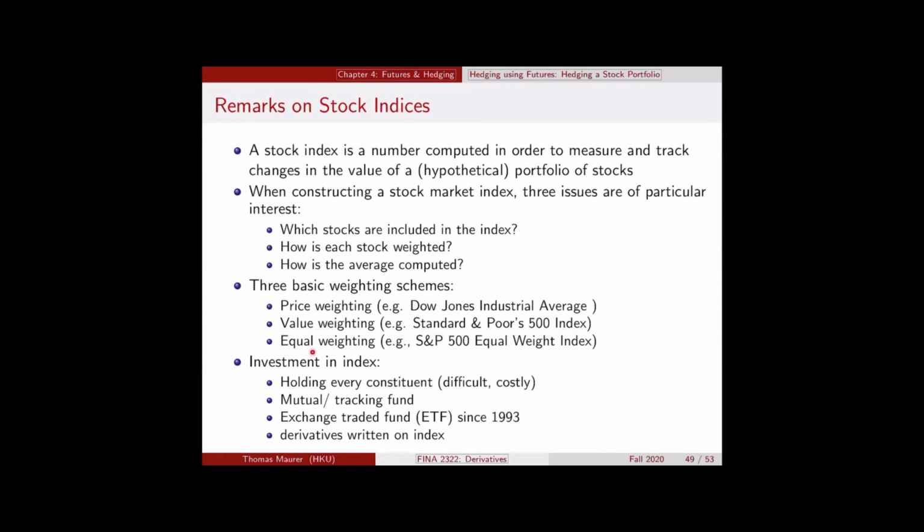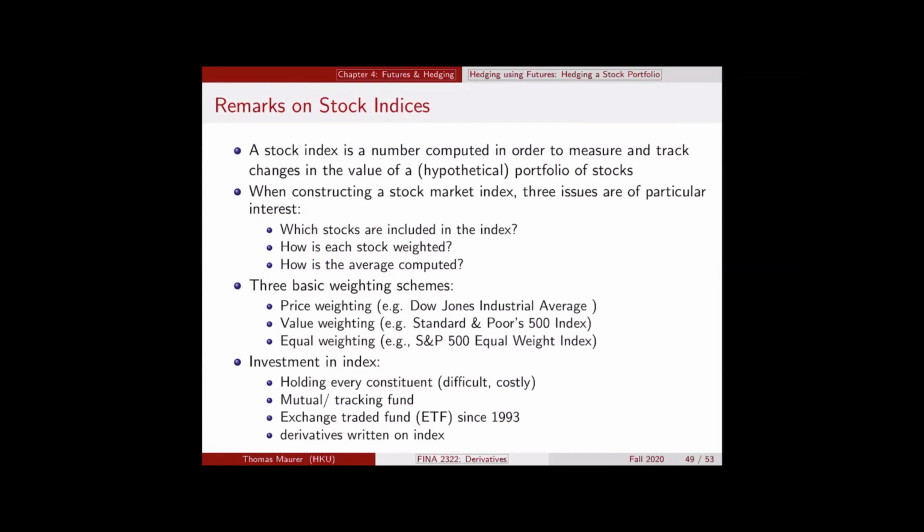Then we also have equally weighted indices, for example, the S&P 500 equally weighted index. Here you give just complete equal weights to each stock, and in comparison to the value weighted index, that means you give relatively higher weights to small companies and relatively smaller weights to big companies.